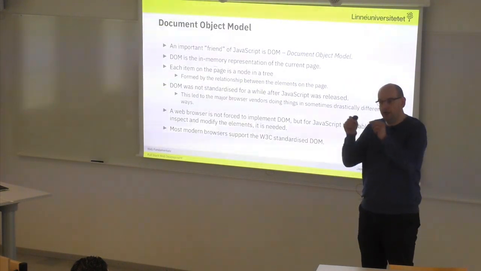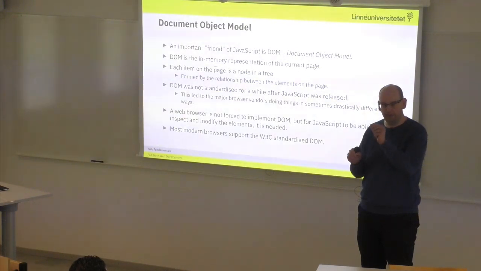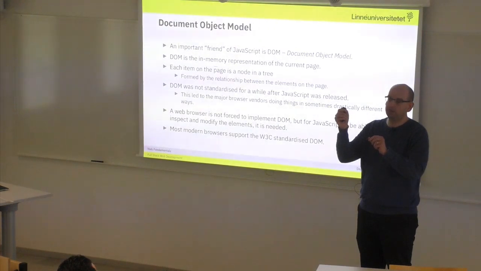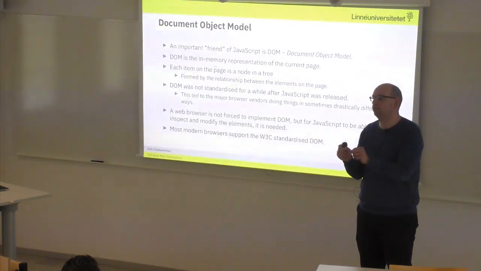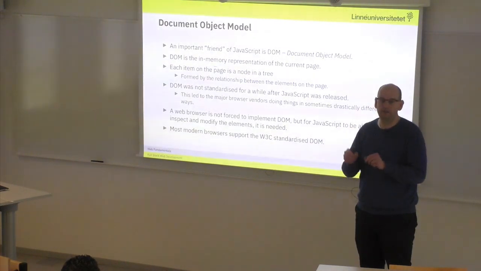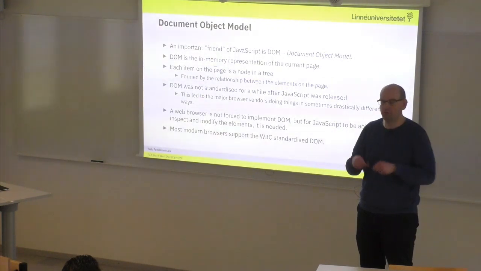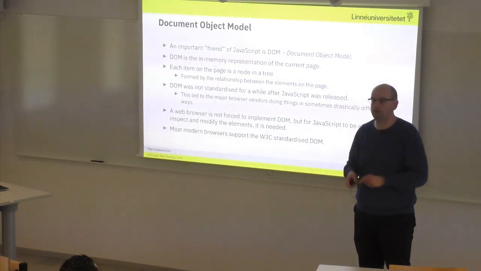So internally there is a tree being created with the different nodes, and through this document object model, JavaScript can go through and get to all the different tags, if you like, on the web page, and also the information inside of the tags. So the attributes, but also if we have, for example, a B tag, which makes something bold, you can get to that bold text as well.